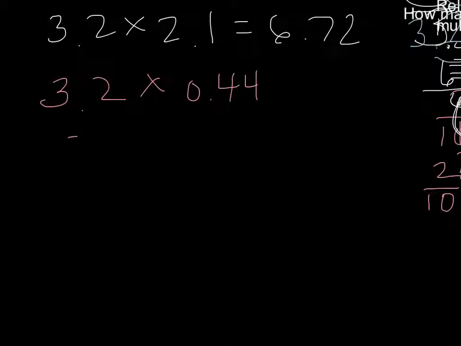If you said 3, you're onto something. 4. Okay. So 4 times 2 is 8. 4 times 3 is 12.